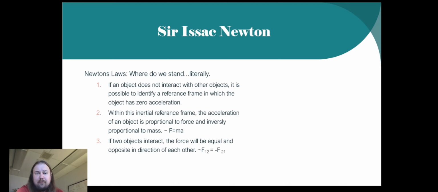But there's another reference frame in which that ant isn't moving at all, and that would be if we were shrunk down and placed on the arrow with the ant. Then we're on a different reference frame. We are with the ant. The world moves around us, and us and the ant are hanging on for dear life on this thing, right? But to each other, we're not moving. So that's kind of what we mean by reference frames.